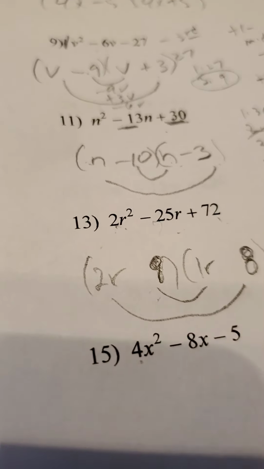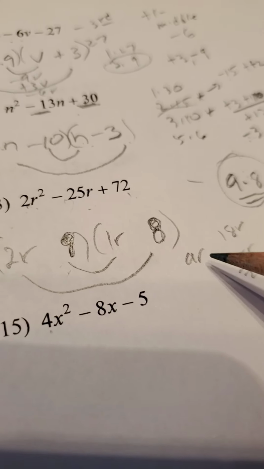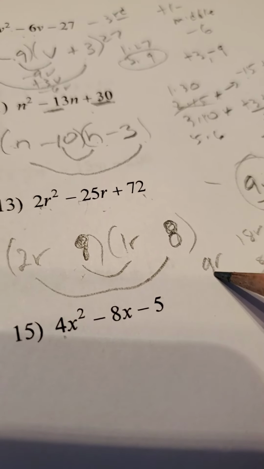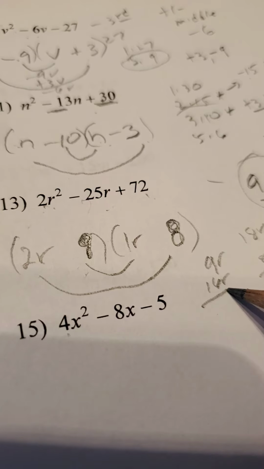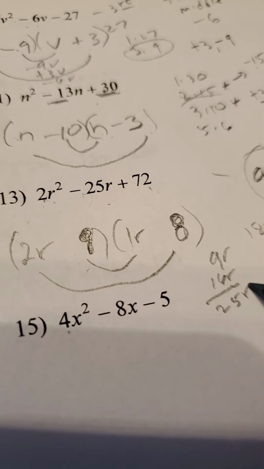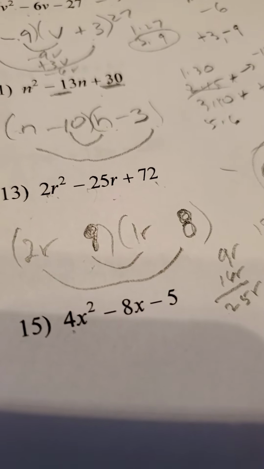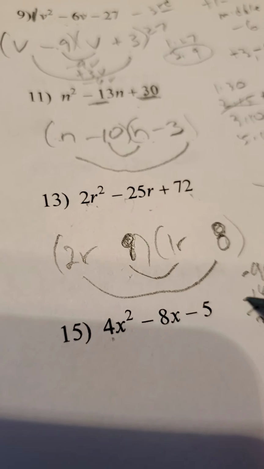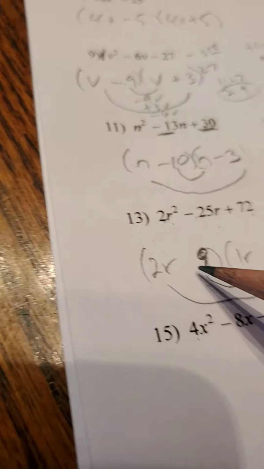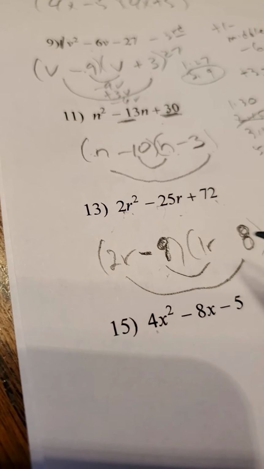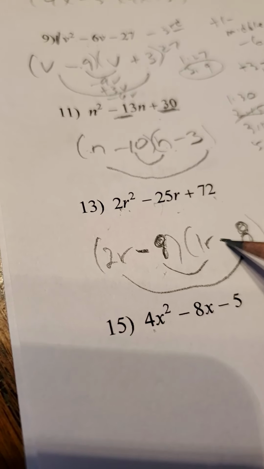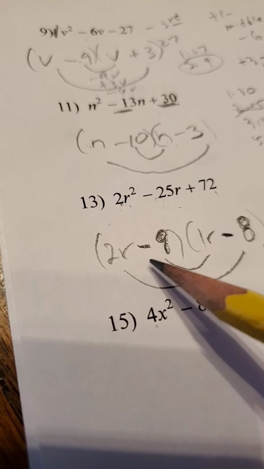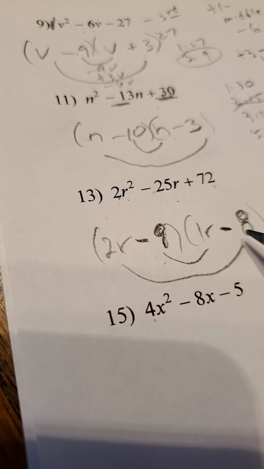Now that gives me a 9r on the inside and a 16r on the outside, which does give me a 25r. Because it's a negative 25, I need both of these to be negative. Therefore, I need this to be a minus 9 and a minus 8.